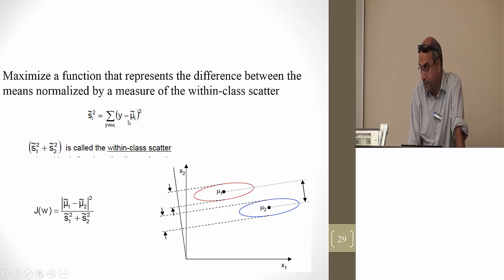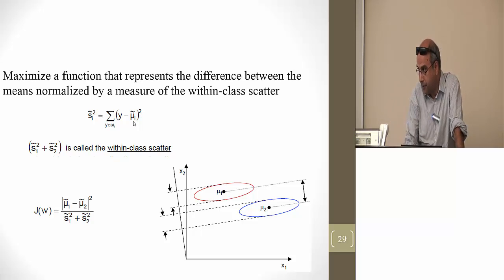As you remember, this is like a standard deviation. If you subtract the value from the mean and square it, it's called the variance. So this is the variance of the first class. Similarly, we will have the variance of the second class, and we will add up those two. So now this is what we want to maximize.